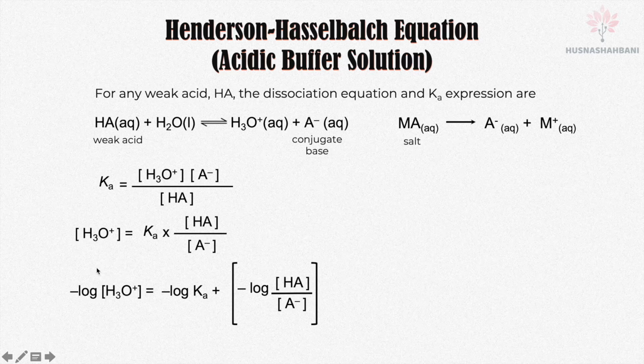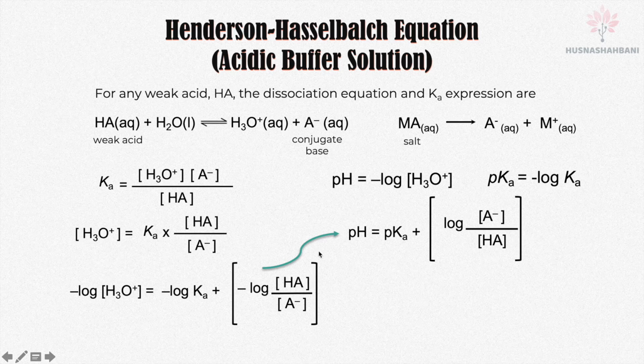So you put negative log for all the components here. And then we know that negative log H3O+ is pH, so pH equals negative log H3O+, and pKa is equal to negative log Ka.